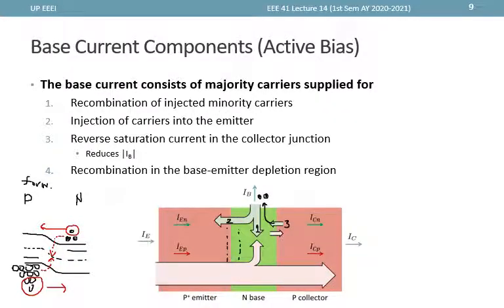We can imagine some small flow of holes and electrons right here to represent that number 4 component. And there is also some generation current in the reverse biased PN junction, the collector base junction, although we will not consider that anymore.